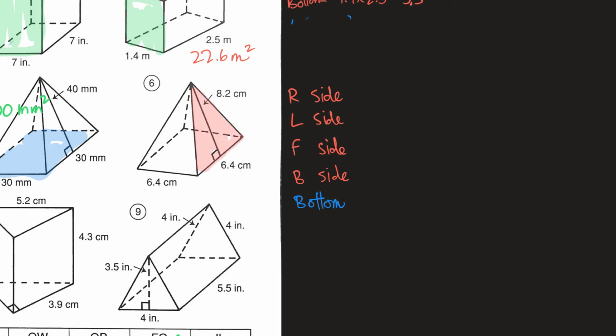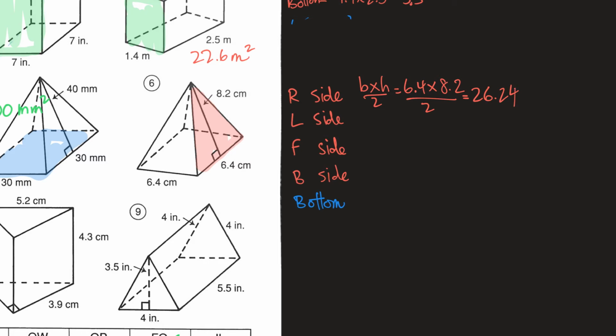Again, to take the area of the triangle, it's base times height divided by 2, which is 6.4 times 8.2 divided by 2. Ooh, I got a calculator. How handy is that? So I have 6.4 times 8.2 equals that, divided by 2 is 26.24. Oh boy.